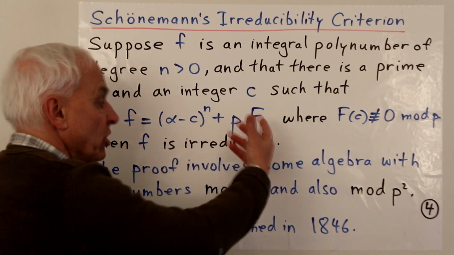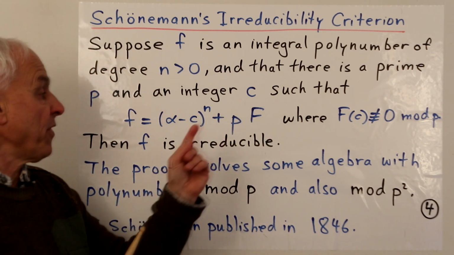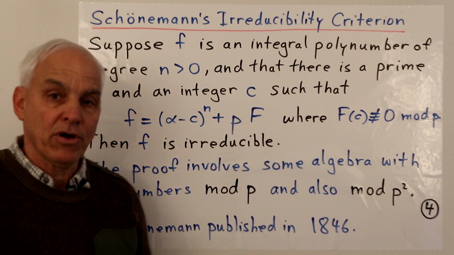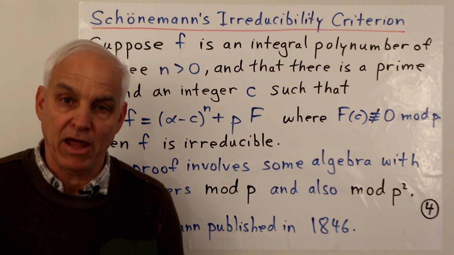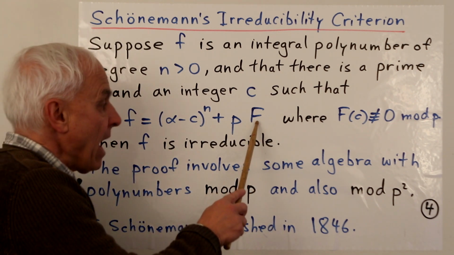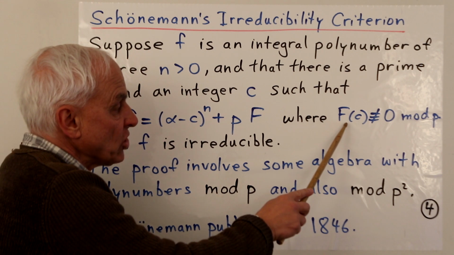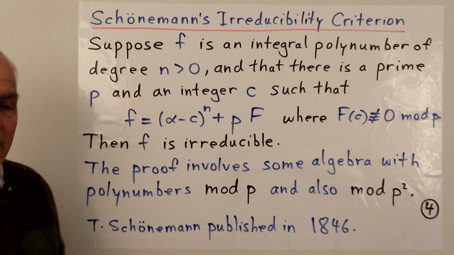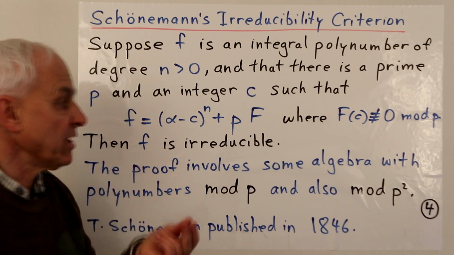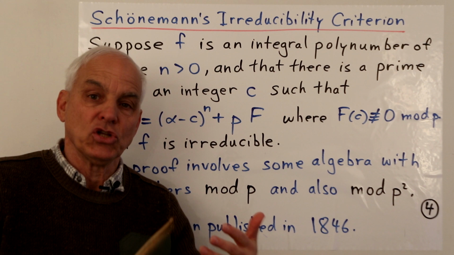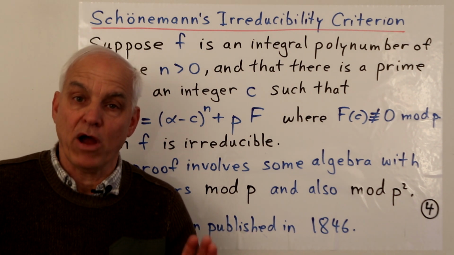And an additional term, which can be written as the number p, which is prime, times some other polynumber capital F, where, in addition, this capital F satisfies the condition that capital F evaluated at c is not congruent to 0 mod p. That means it's an integer which is not divisible by the prime p.